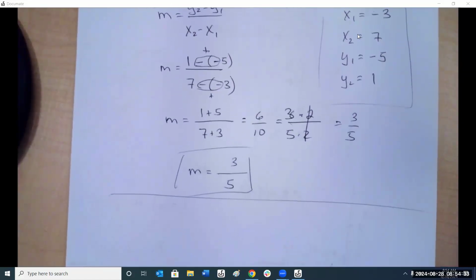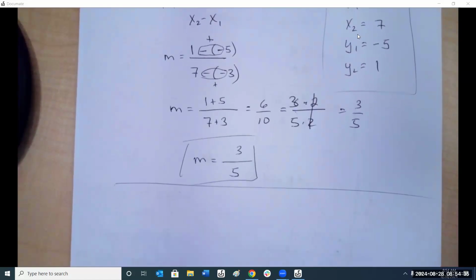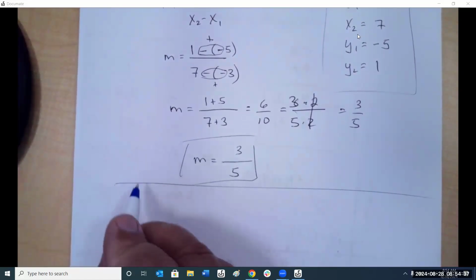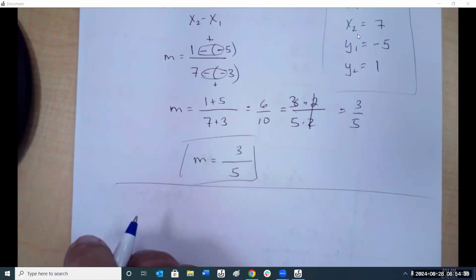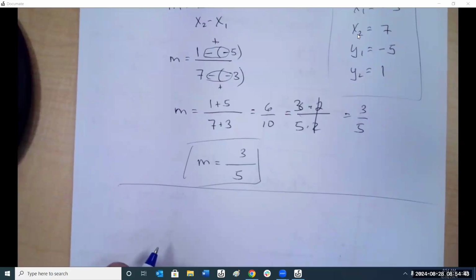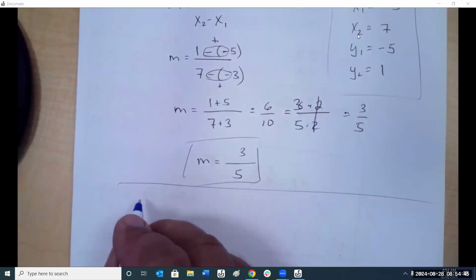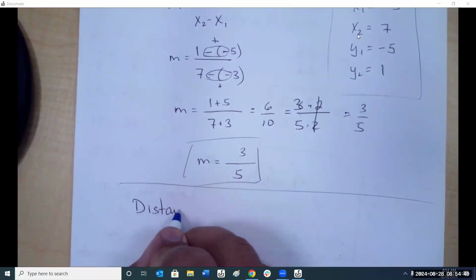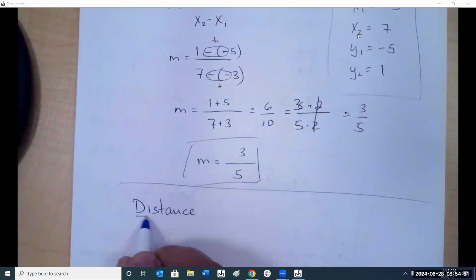The next thing we're going to talk about. Okay, we did the slope. Do you want to do distance or midpoint? Let's do distance because it'll keep us in the same realm. Distance.